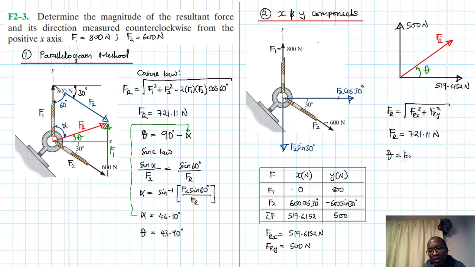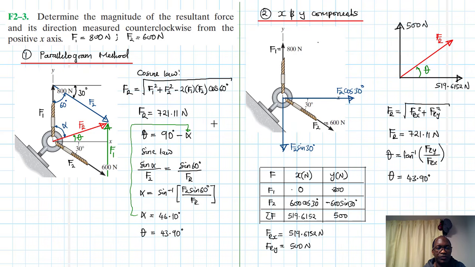Theta is equal to tan inverse of FRY divided by FRX. Both are positive, so 500 divided by 519.6152, tan inverse of that gives us 43.897, which rounds off to 43.90 degrees. So the results match, as they're supposed to.